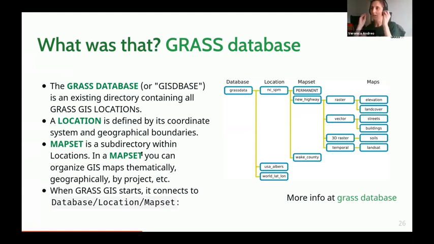Each location is defined by its coordinate system, so everything within a location will necessarily have the same coordinate reference system. And with that, you forget about overlapping problems, as is so usual in GIS environments. Map sets are just like sub-projects within this location, and you can organize them for different areas or different topics or whatever you like.